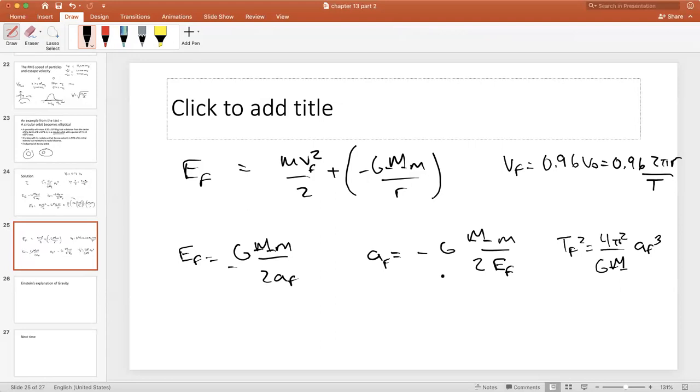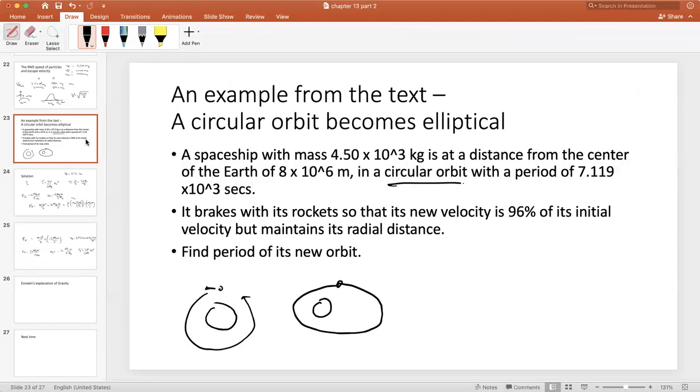V initial, if we go back and look, V initial was 2 times pi times... actually, let me go back to here.